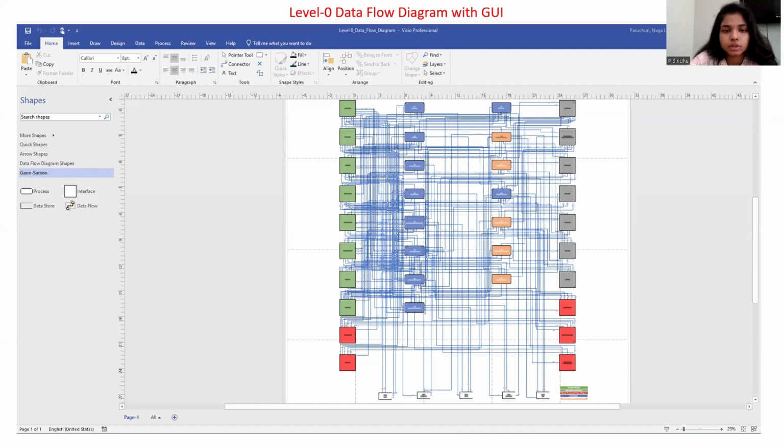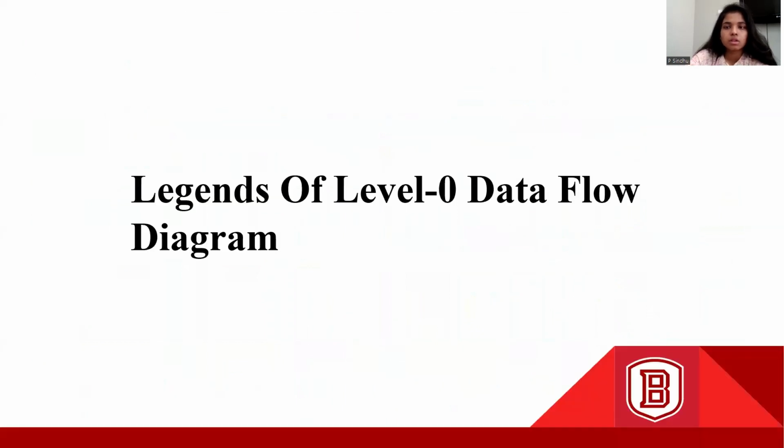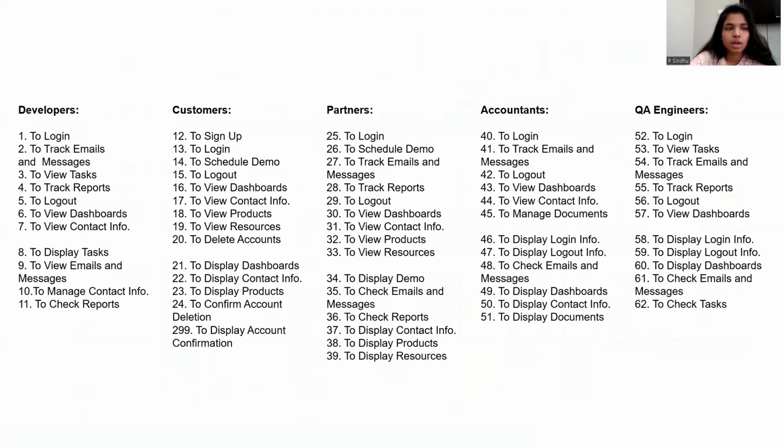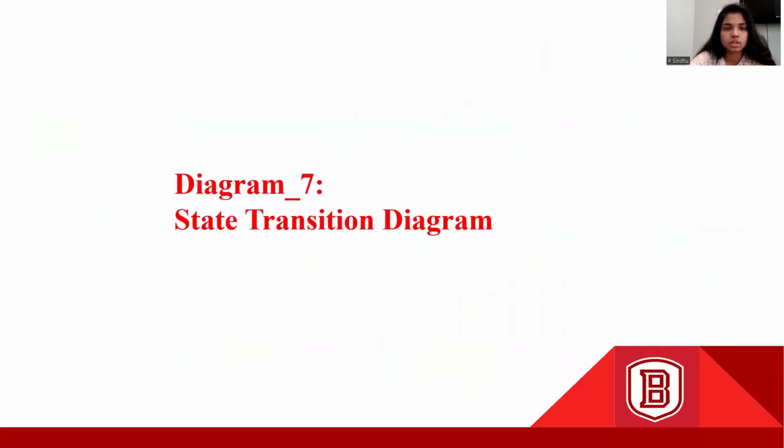The data stores are at the bottom, where each data store emphasizes the external interactions and internal data storage, and the processing is abstracted there. This was the graphical user interface for the data flow diagram, and this was the detailed explanation of the data flow diagram. Coming to the legends of the data flow diagram, they represent the functionality of each class object.